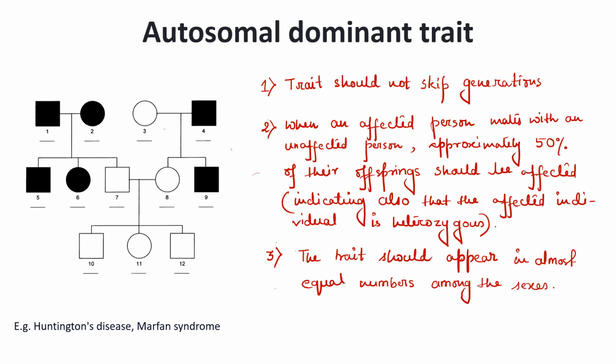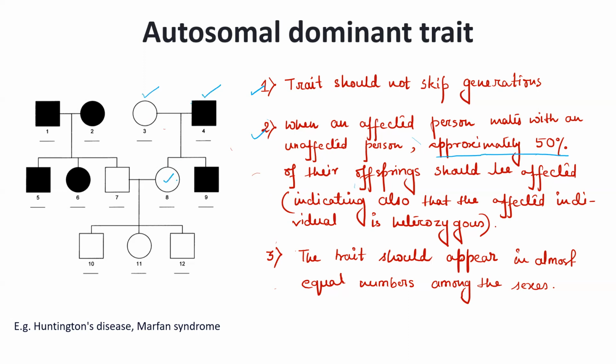See here, when an affected person mates with an unaffected person, unaffected meaning the circle is not shaded, approximately 50% of their offspring should be affected. Here you see, what are the two offspring?